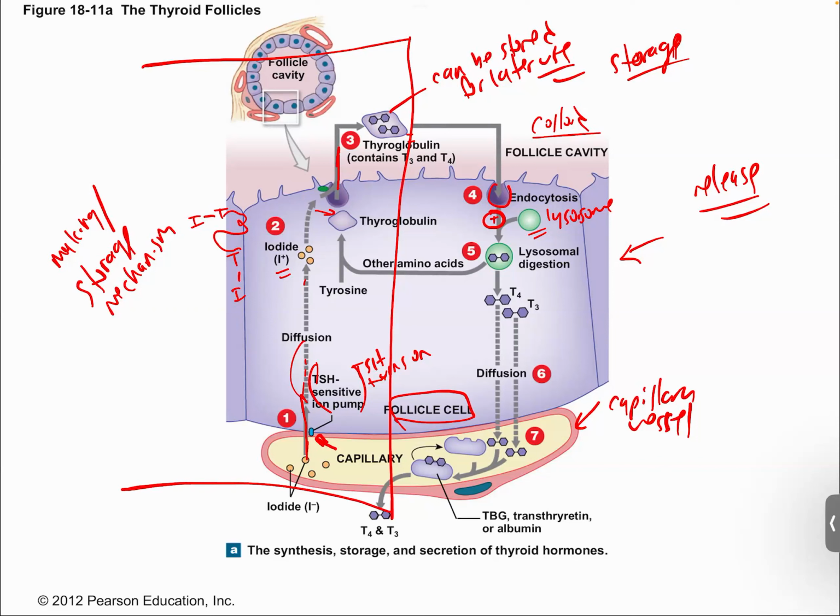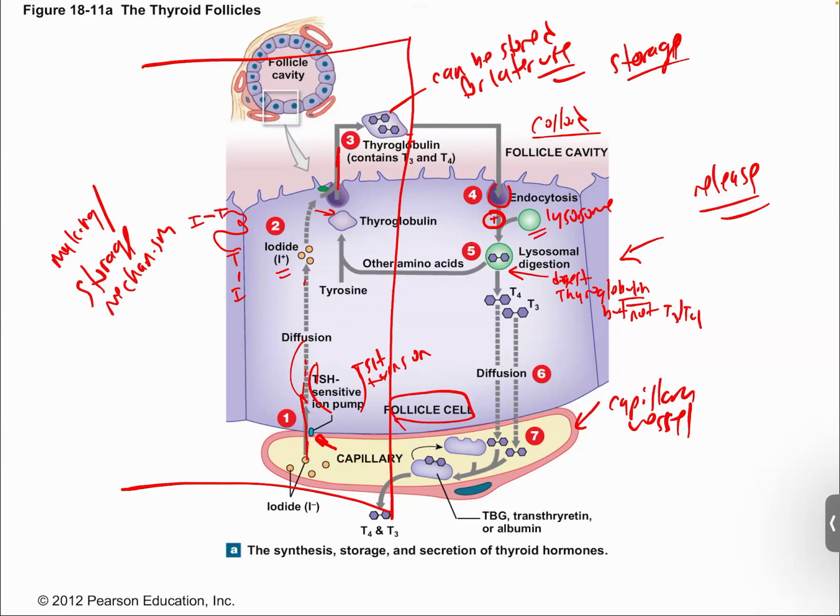This is going to digest the thyroglobulin, but not the T3 and the T4. Just like when you're carving out that little gem, you're sort of destroying the rock, but not the gem, right? The gem is saved from that.